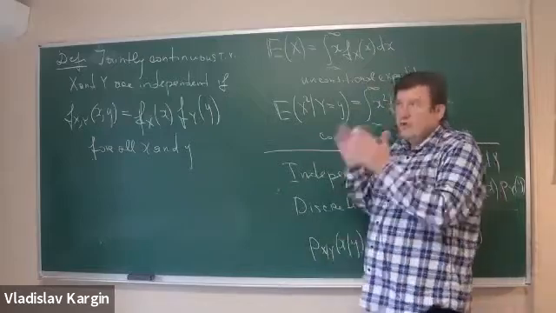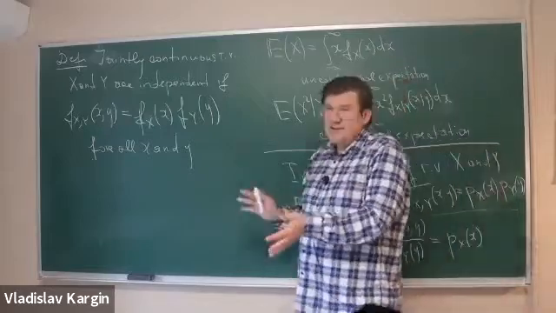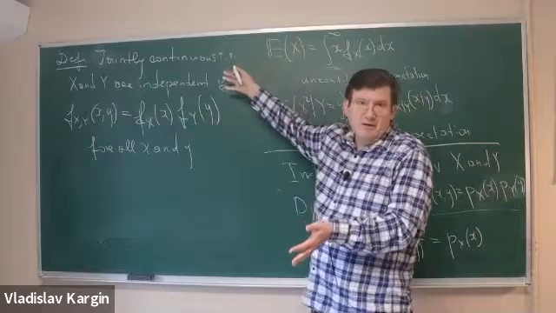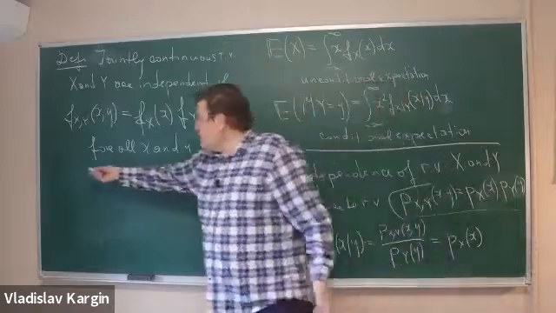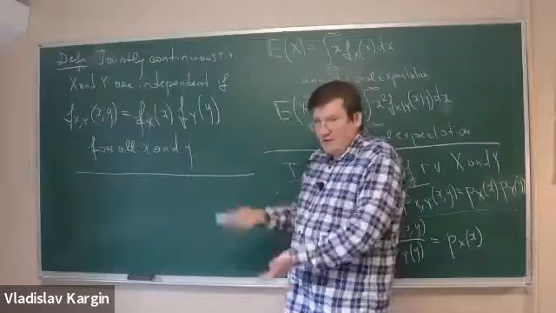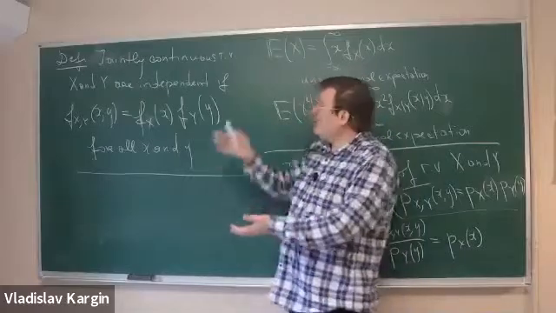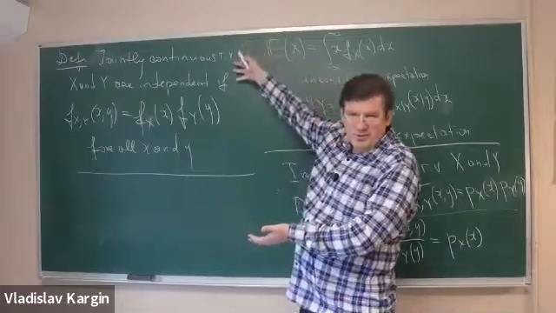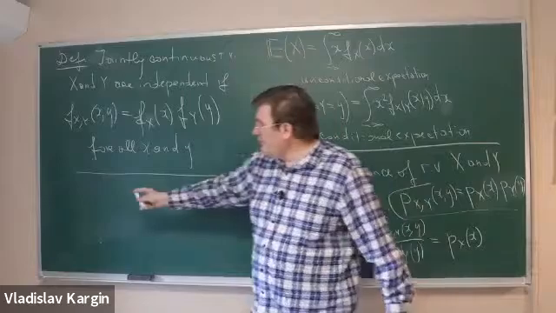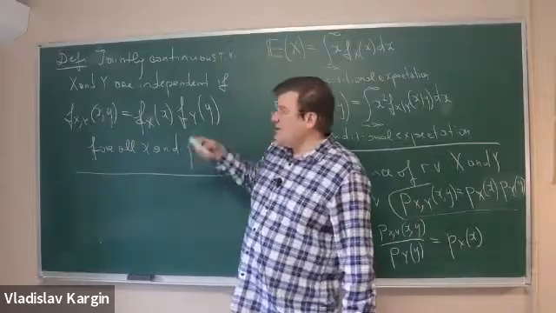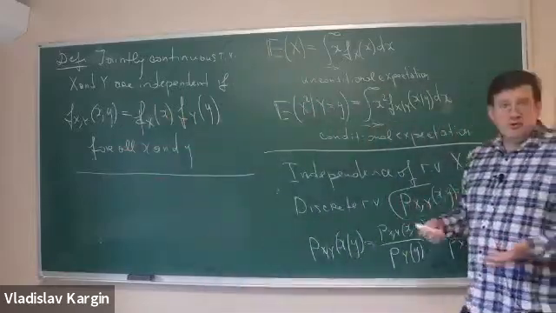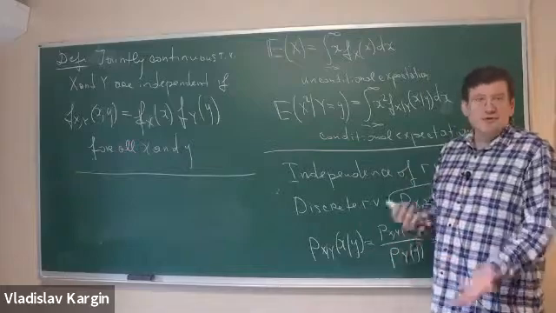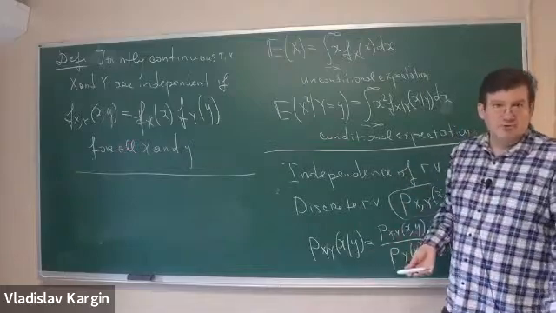So there are some variables which don't have a density. So what about them? In general, if you start to think about how to define this important concept, instead of density or probability mass function, you need to use something which always exists, and that is the cumulative distribution function.